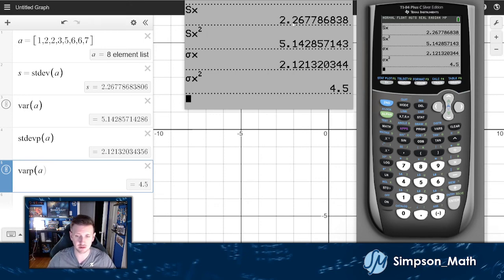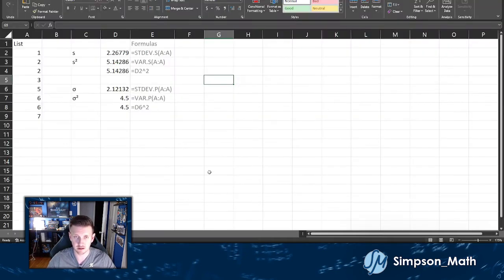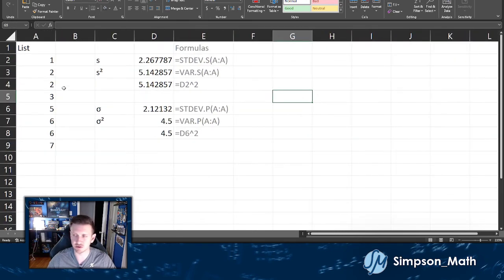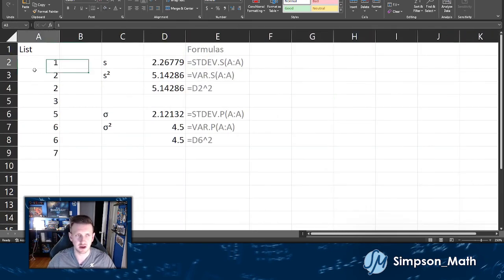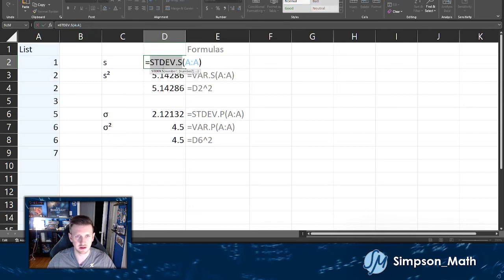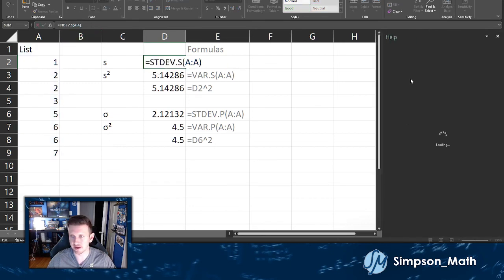I'm going to move on to Excel. All right, so if you're familiar with Excel, you can just kind of screenshot this. I have my list here. I did, and I'll explain this in a second, in my variance and standard deviation formulas, just use the whole column, because if you look at the help on this, if you click on this, it'll pop up the help.